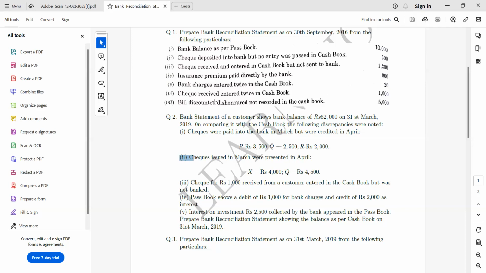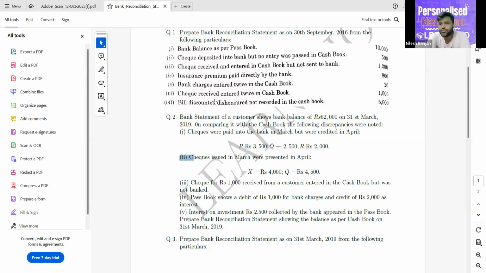In the cash book it will be recorded first. Cash book or passbook? On the passbook, sir. You sure? Yes, sir. They will give the check to the bank.